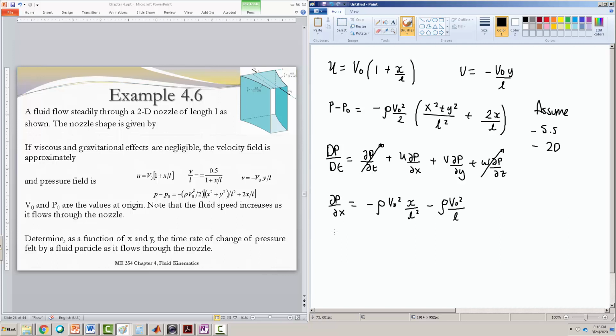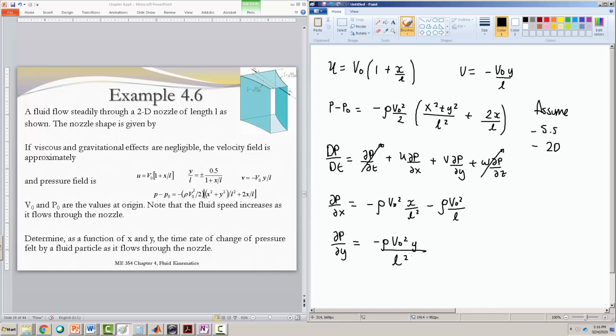If we do the same process for the ∂P/∂y, once again we take the derivative, and after a little bit of simplification, it should give us negative rho V0 squared y divided by L squared.